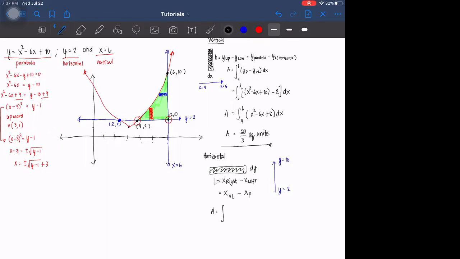So from 2 to 10, x of the vertical line minus x of the parabola dy. The x of the vertical line is 6. Do you follow?